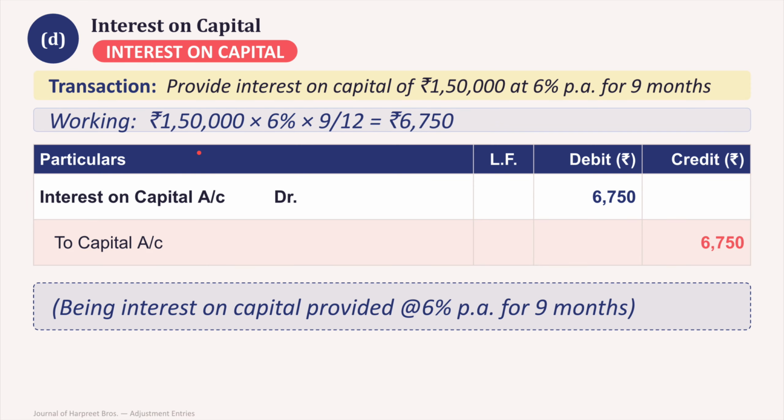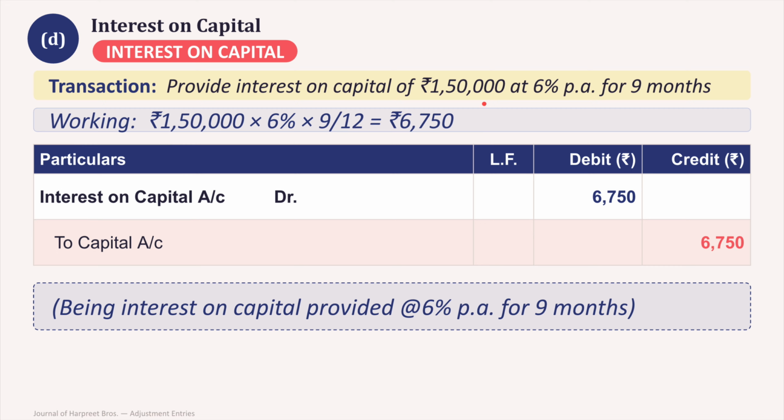Next. Provide interest on capital 1,50,000 at 6% per annum for 9 months. So here the owner has invested the capital, right? So he is expecting an interest out of it. Interest on capital from the company's perspective is an expense. So before we debit, we will see how much to debit.